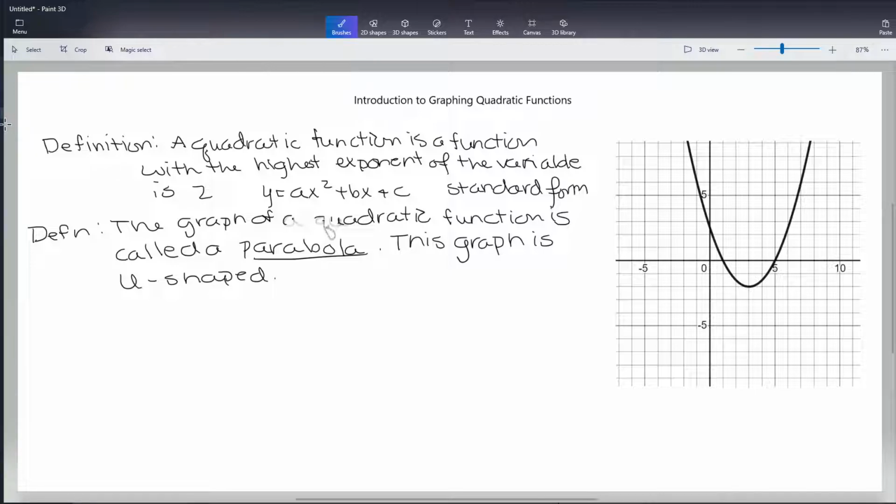Now let's talk about some different parts of this graph. This center point on the graph right here is a very important part of the graph, and this is called the vertex.